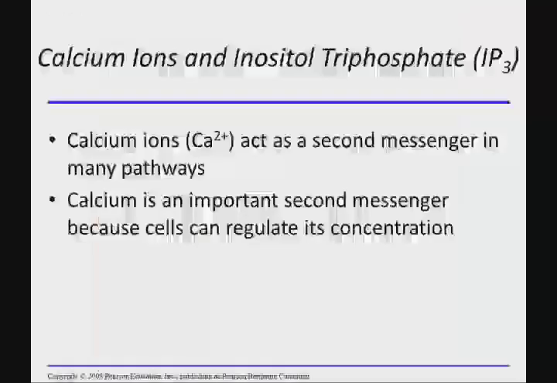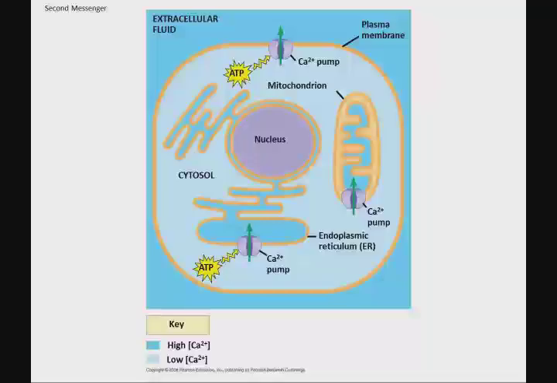Our second example is calcium, okay, and IP3. So calcium ions act as a second messenger, and one of the properties of the ER that I think I mentioned only very briefly, if at all, is that it sequesters calcium. So the lumen of the ER is actually much higher in calcium concentration than the cytoplasm in general.